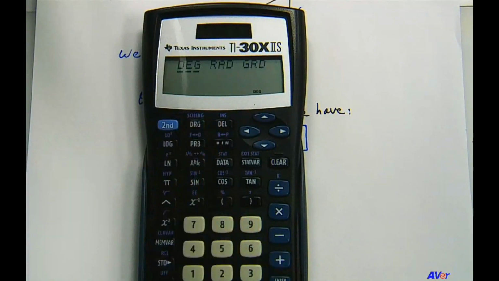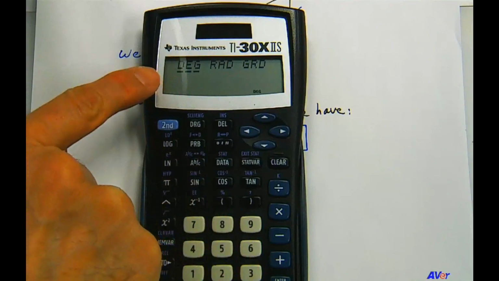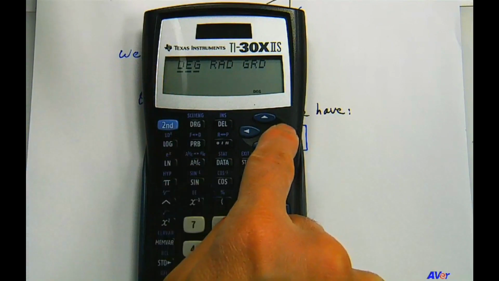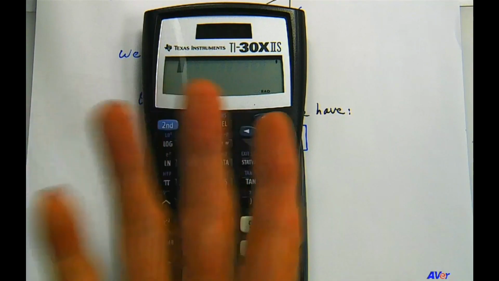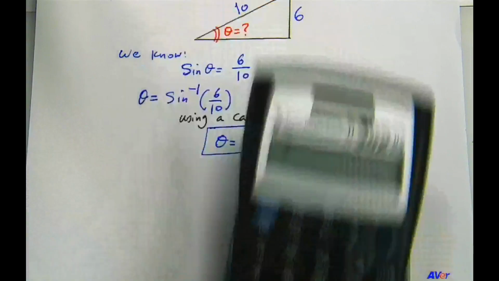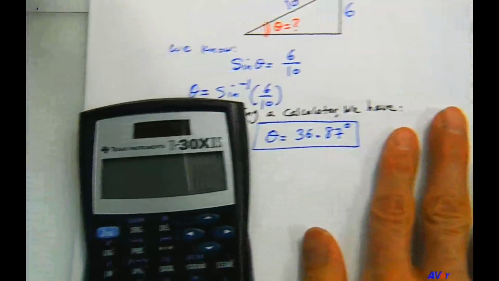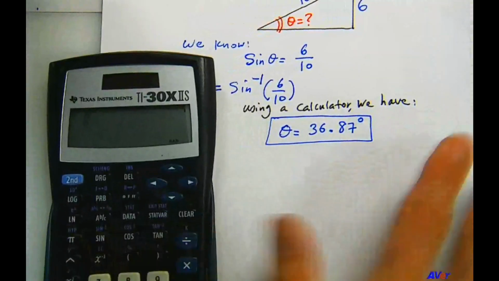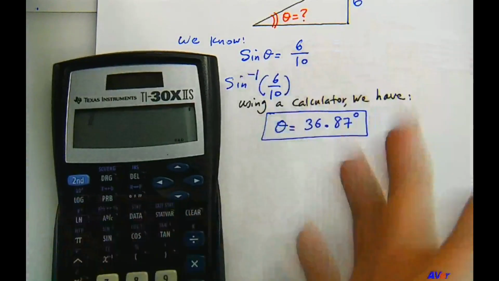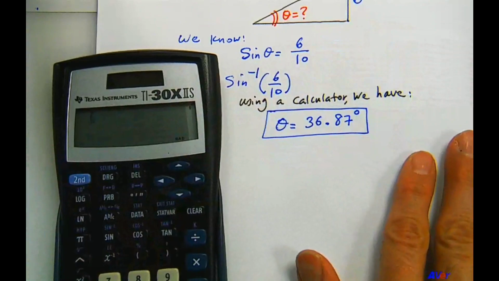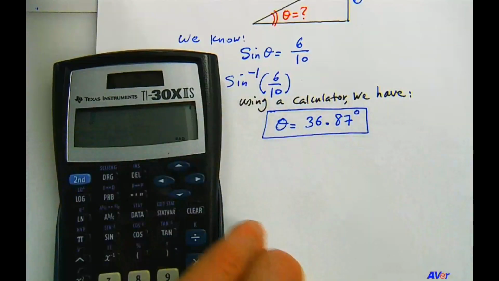I hit that, and right now it's set on degrees. So I want to move to RAD, or radians, and I'm going to hit the enter key. Now I can calculate this result in radians. I just want to show you at least once, maybe twice, so you know how to go back and forth between degrees and radians.